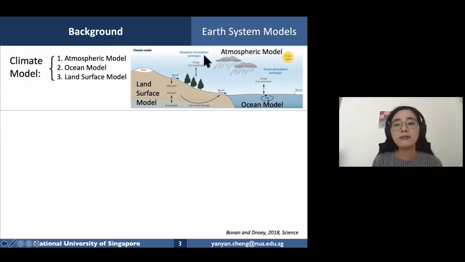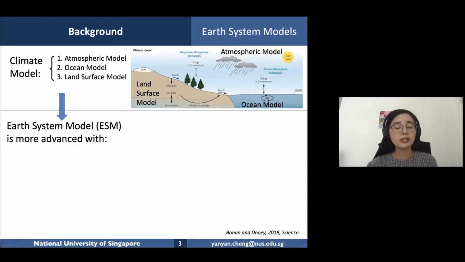So it mainly focused on the physics in the atmosphere and simplified the ocean and the land surface. But later on, the community realized these two components also play a very important role even in the climate change feedbacks. So the community shifted to developing more advanced Earth system models.